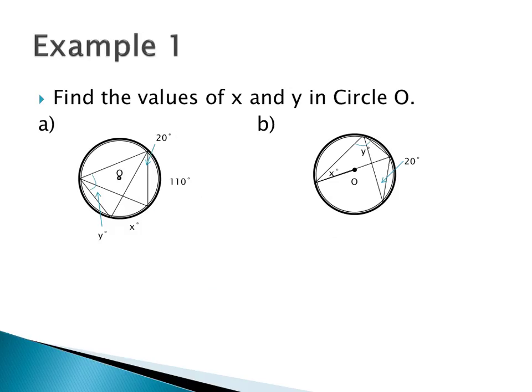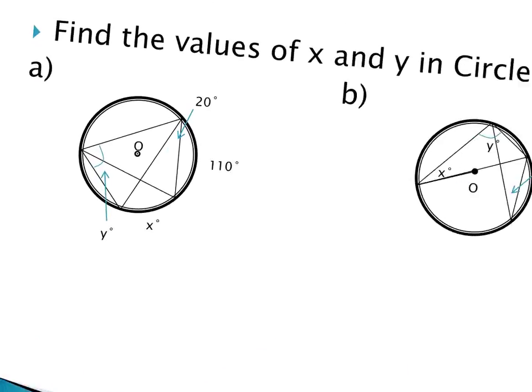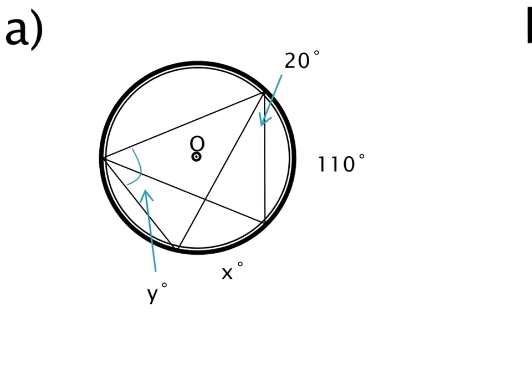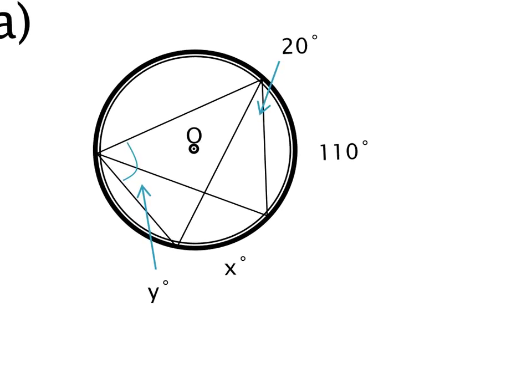Okay. All right, so you find the values of x and y in the circle. Sometimes the hardest part is figuring out what it's looking for, okay? So if you zoom in on this one a little bit, that O at the point in the middle is your center. Angle y is this angle here, which goes from this chord to this chord.